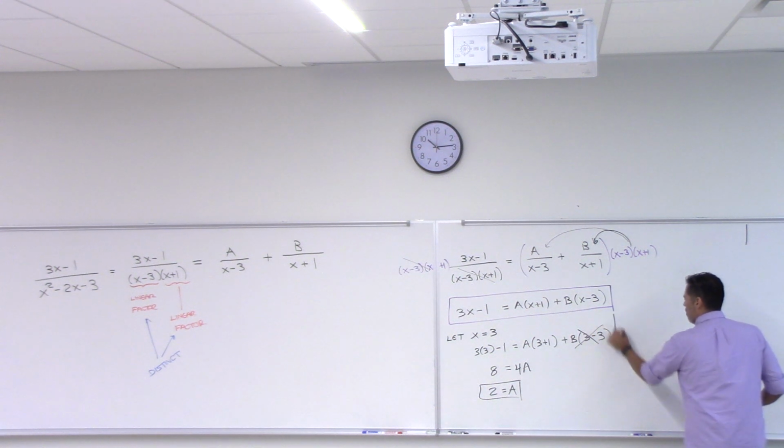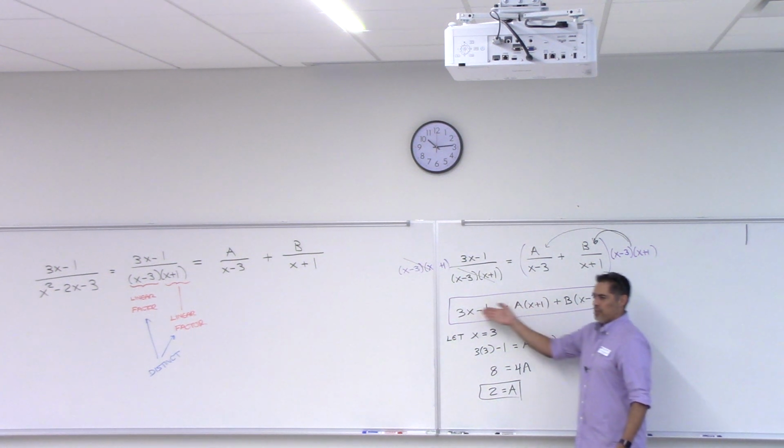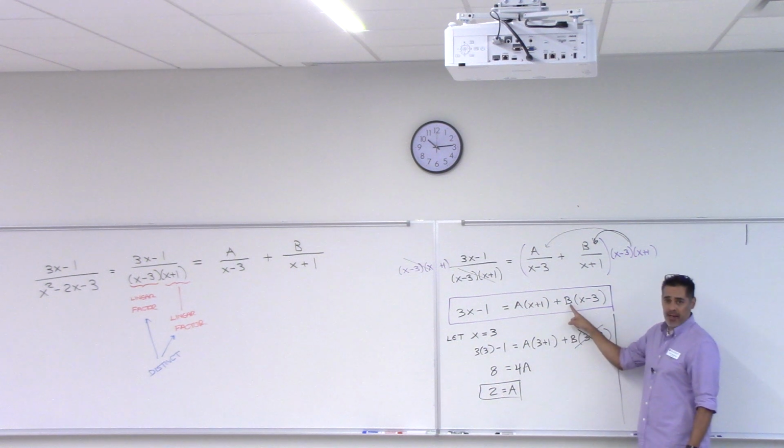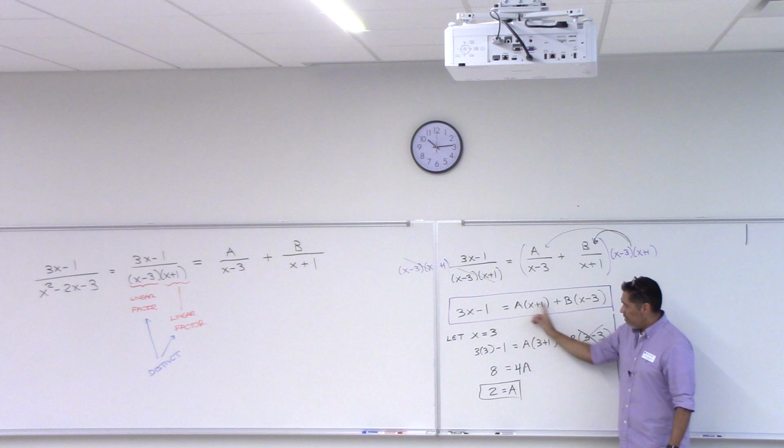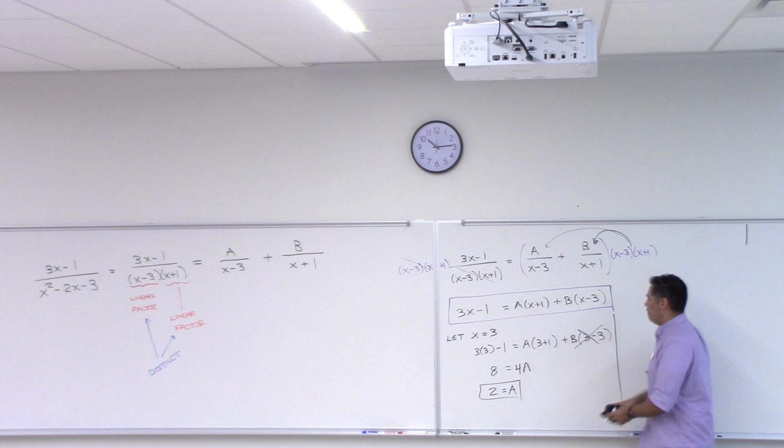So I'm going to start over. I'm going to go back to this equation. I'm trying to solve for b. Let's try and kill this off. How do you kill this? Let x be what? Negative 1.